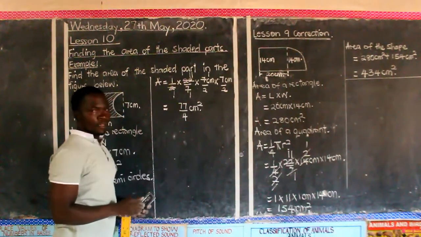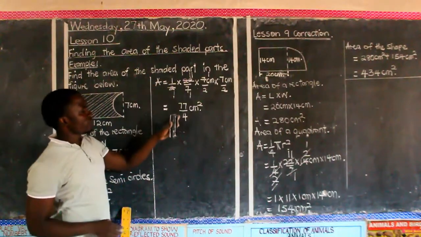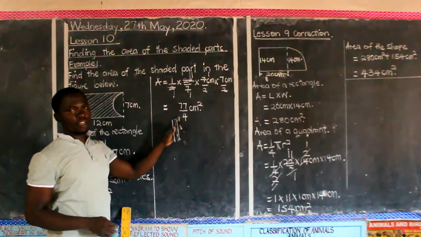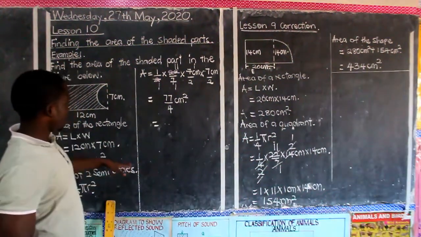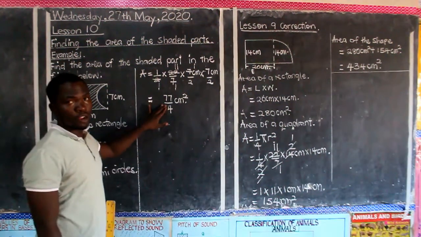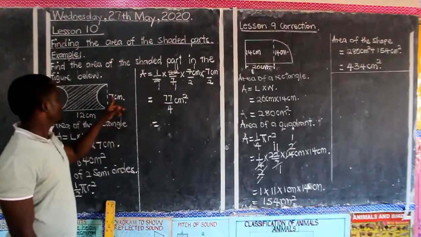So the area of one semicircle is 77 out of 4 square centimeters.